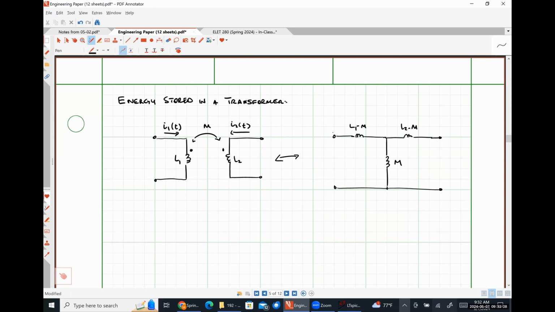So our current I1 is still the current flowing into the primary side. Our current I2 is the current flowing into the secondary side. I want one of you guys to tell me what the current flowing through that central inductance M is going to be.